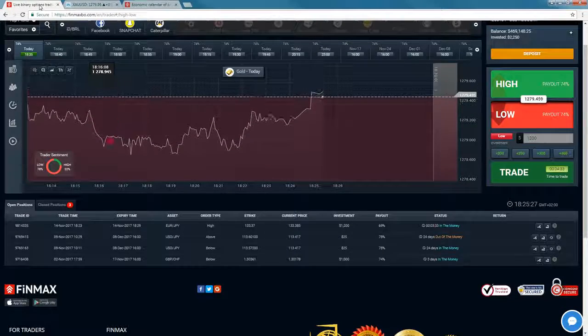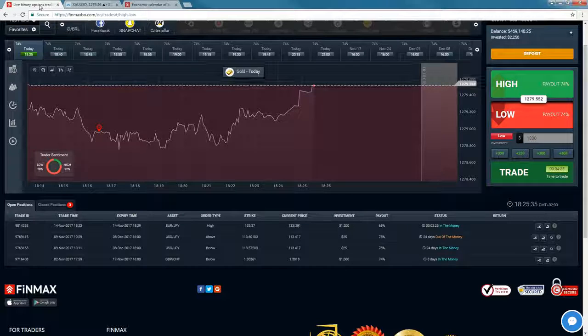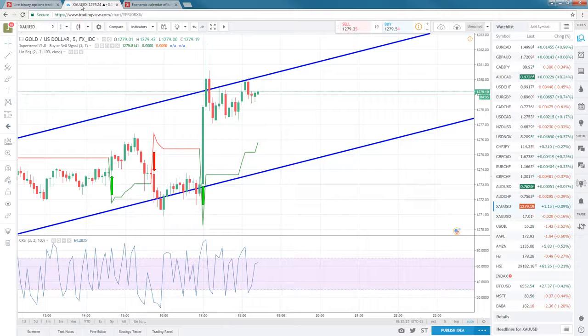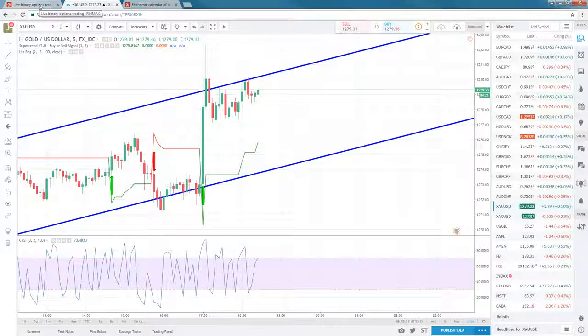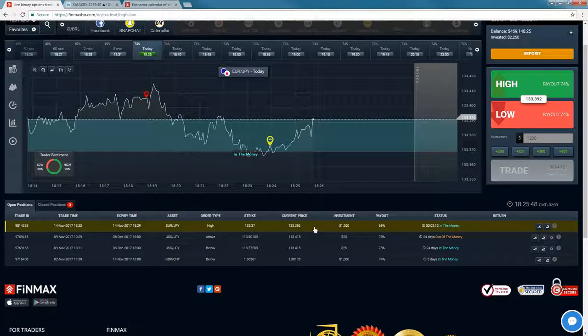So we can see that currently we had one negative trade on gold. We are out of money, and still I don't think it's good to re-enter the market at the moment. However, our trade on Euro JPY went in the money, and there are 3 minutes remaining.